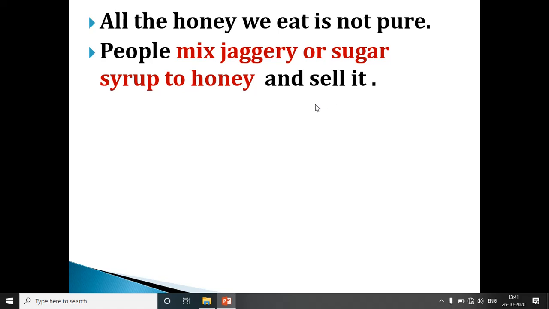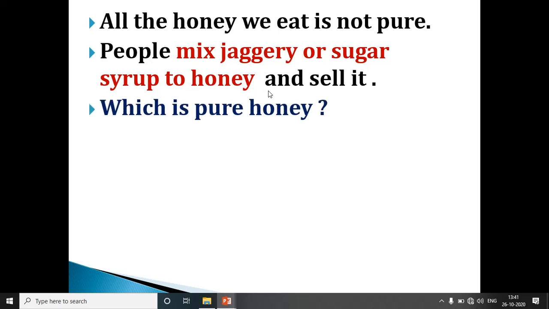In the shop we buy honey, yes, but the honey we are using is not pure, because people mix jaggery or sugar syrup into honey and sell it. So which is pure honey? How can we find whether the honey is pure or not?